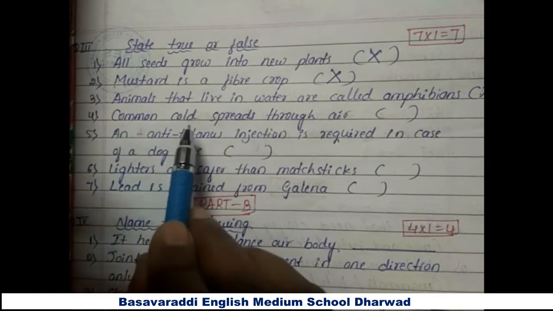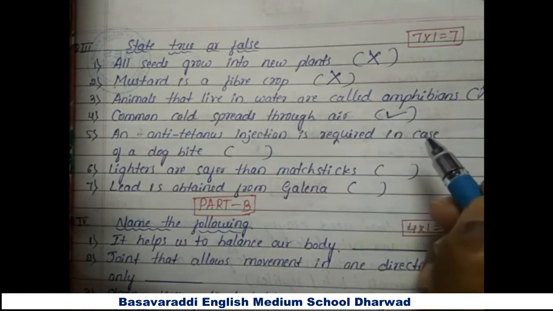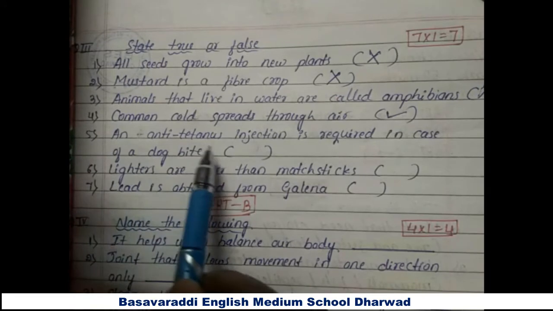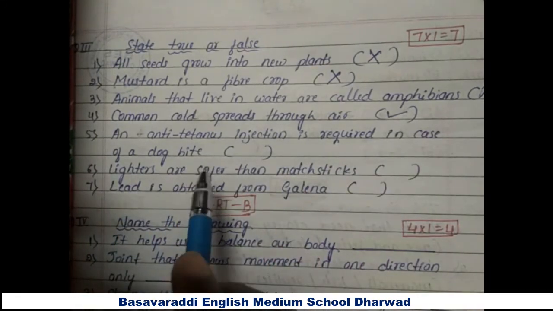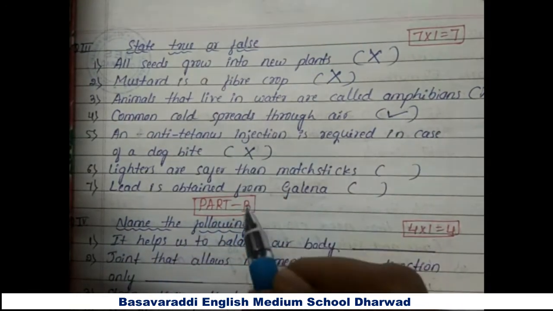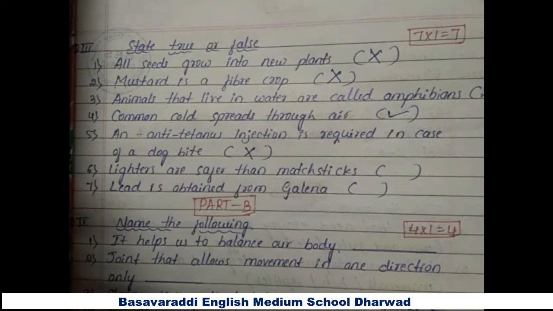Fourth one, the common cold spreads through air. Yes. Why? Because this is a communicable disease. Fifth one, an anti-tetanus injection is required in case of a dog bite. Wrong. An anti-tetanus injection is given if a cut has been caused by a rusted piece of iron, and an anti-rabies injection is required in case of a dog bite.